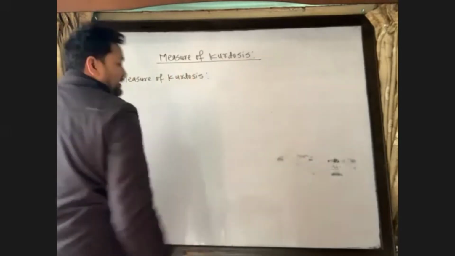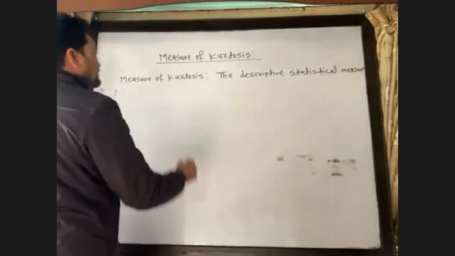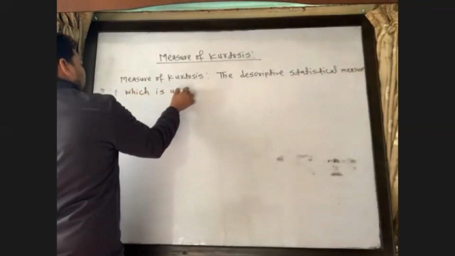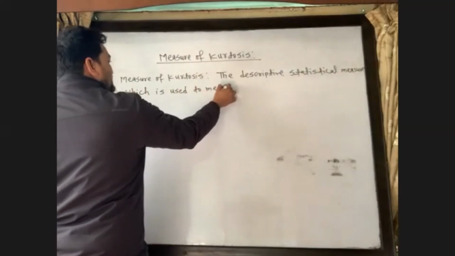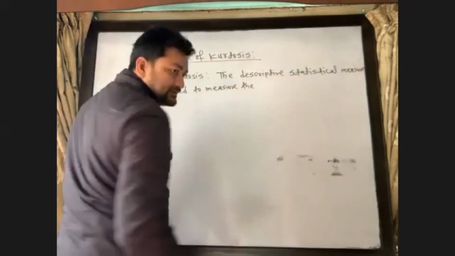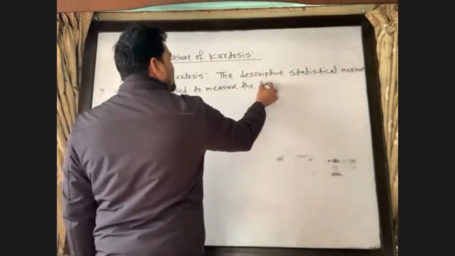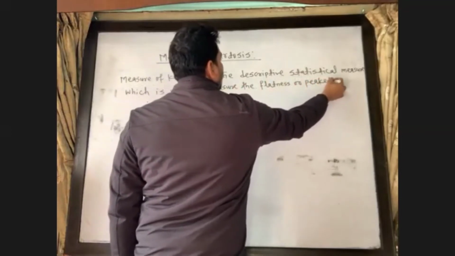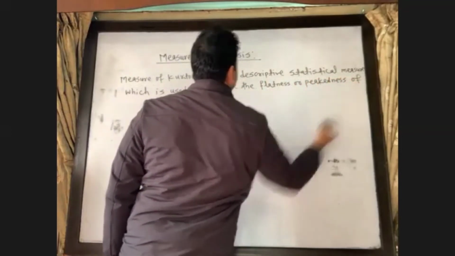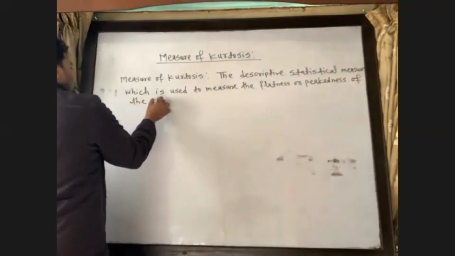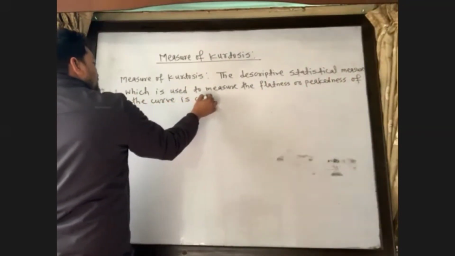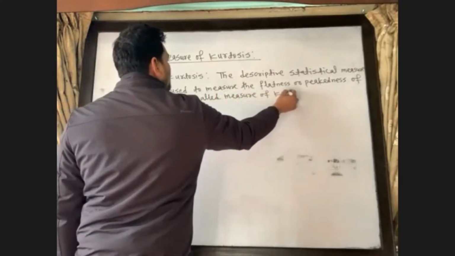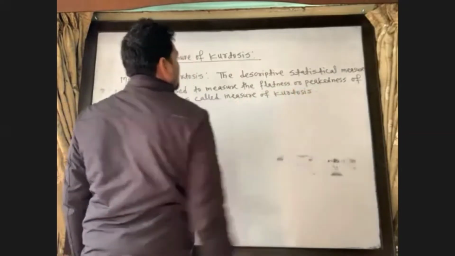Measure of kurtosis, the descriptive statistical measure which is used to measure the flatness or peakedness of the curve is called measure of kurtosis.